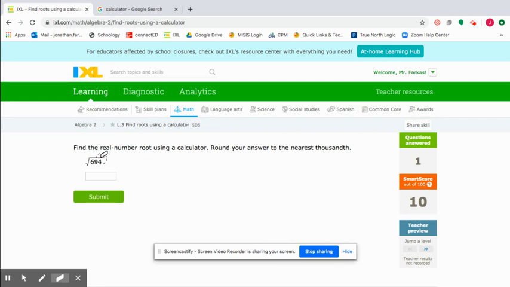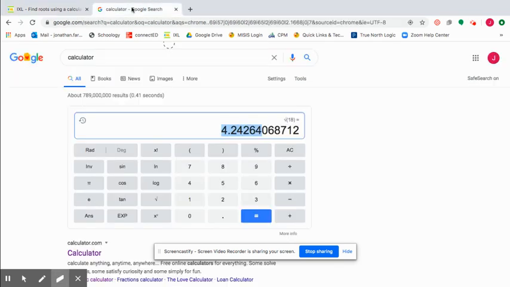The square root of 694. I'm going to go to my calculator. Press this button twice just to make sure it clears. And what was our number? 694. Square root of 694 equals 26.3438. Let's go ahead and round this to the nearest thousandth.